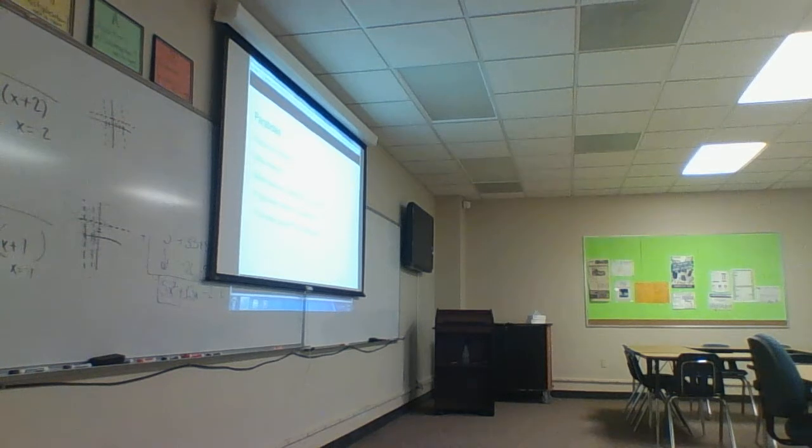Standard equation of a parabola is x squared equals 4py, p not equaling 0, and y squared equals 4px, where p does not equal 0. The first one is where it's going to go either up or down, and the second one where y squared is going to go sideways.